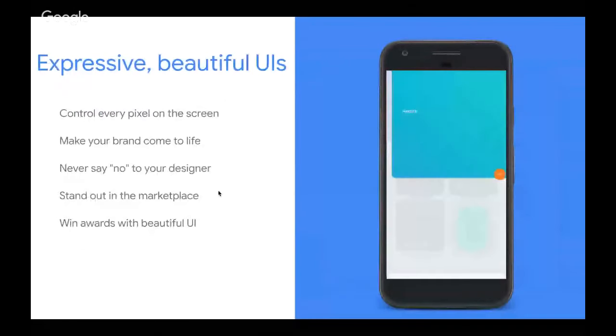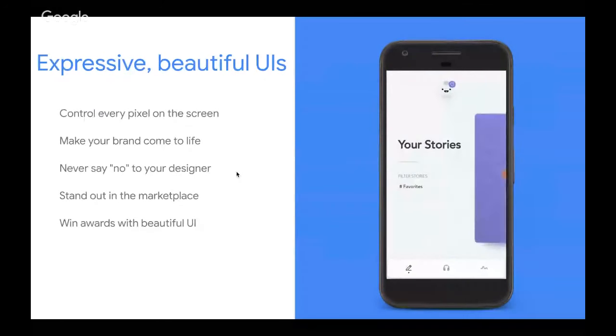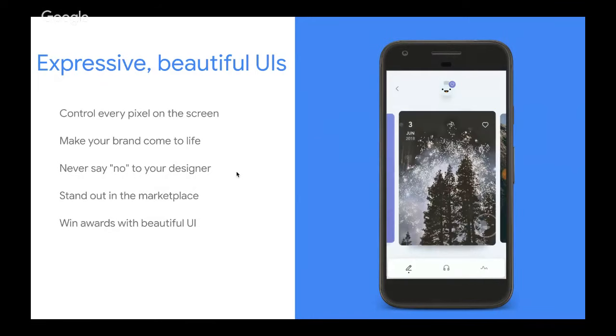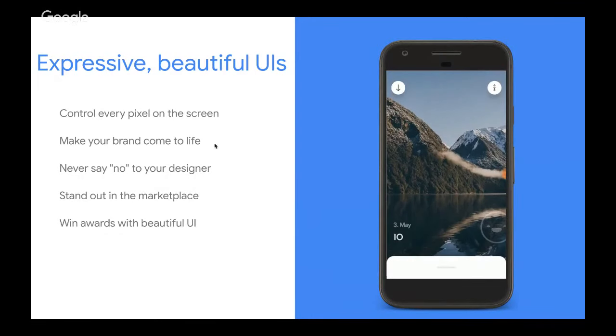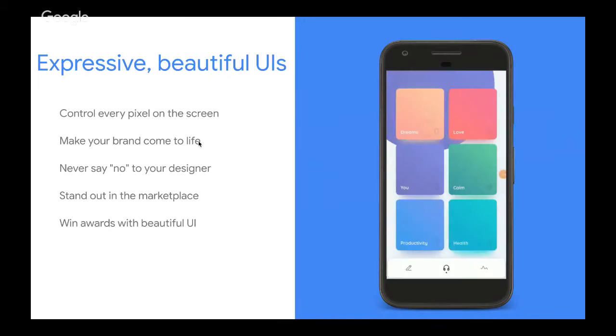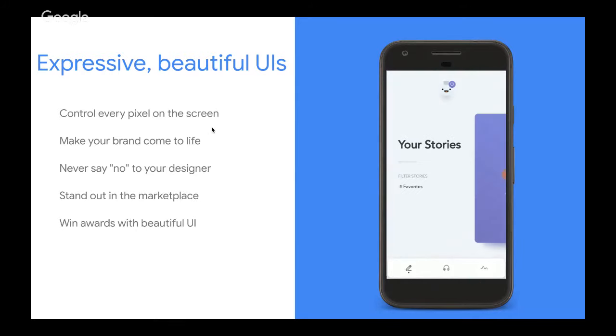At the same time, it gives you a lot of pre-made widgets, so you will not say no to your designer. Any design, if you want to follow the native principle or the native UI system, Cupertino style or Material Design, you will find widgets that help you do that.